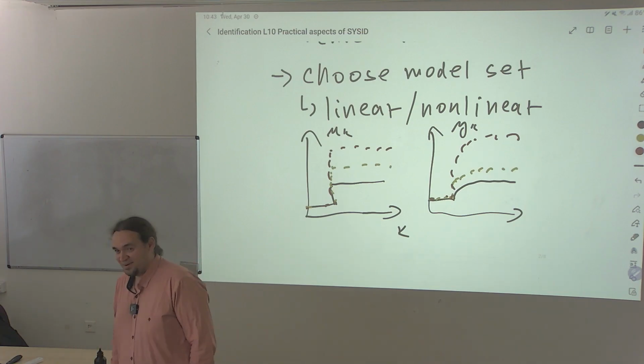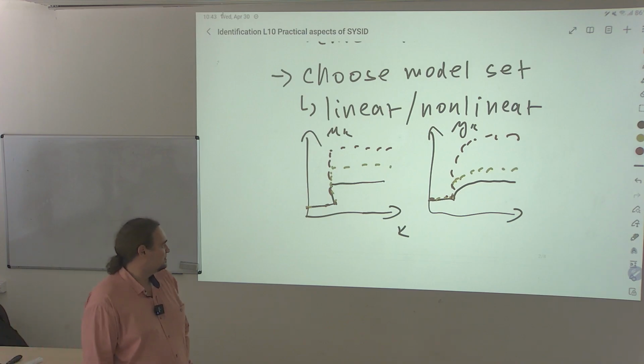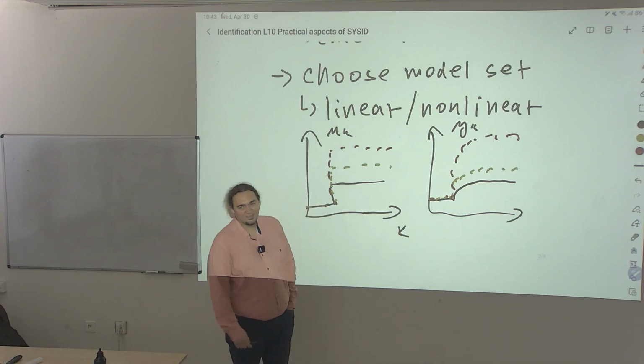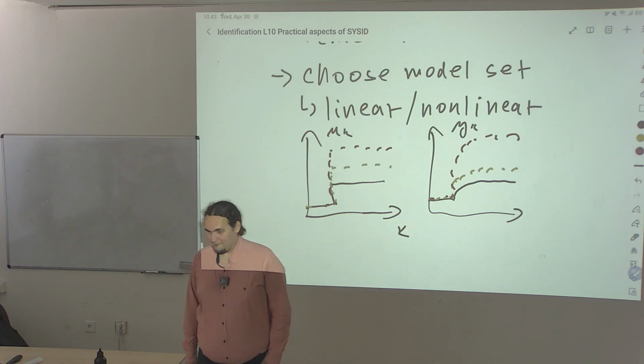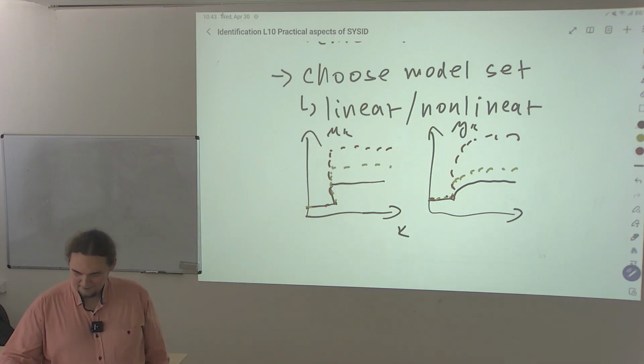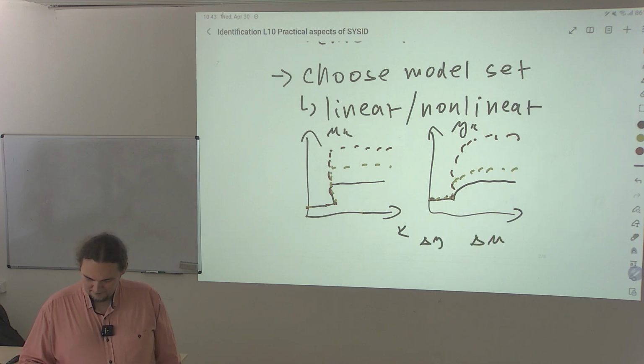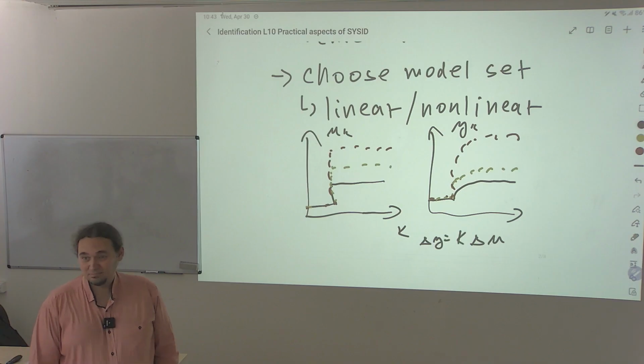I would say that it's non-linear. Because if it's linear, the change in the input is the same height of the block, and the output isn't proportional to it. Yeah, exactly.